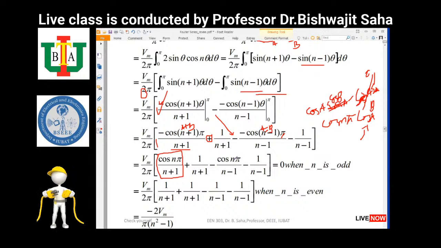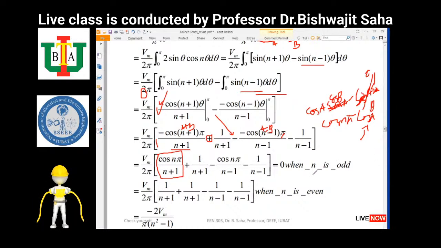If you put n is 1, then cos pi means minus 1. Minus 1 and this minus becomes plus. So 1 over n minus 1. So this is plus and this is minus, so it becomes 0. And this one also going to be the same, because there is no minus sign here. So here is a plus, so it's going to be minus. So minus and plus cancel out.